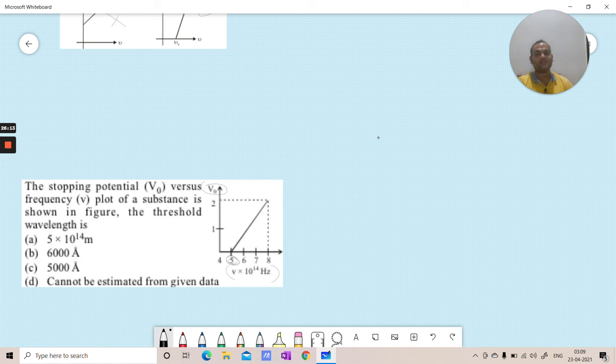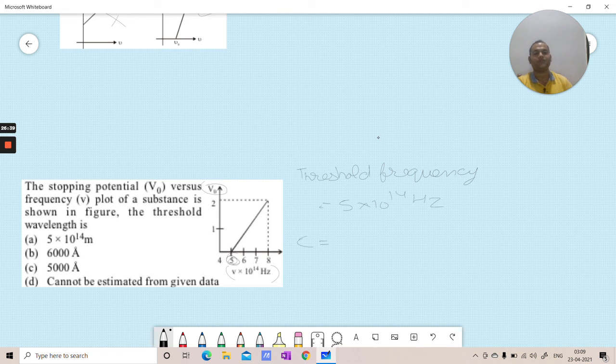Now what has it asked? It has asked for the threshold wavelength. This is the threshold frequency, right? We'll write threshold frequency is equal to 5 into 10 raised to the power 14 hertz. Now you need to find the threshold wavelength.